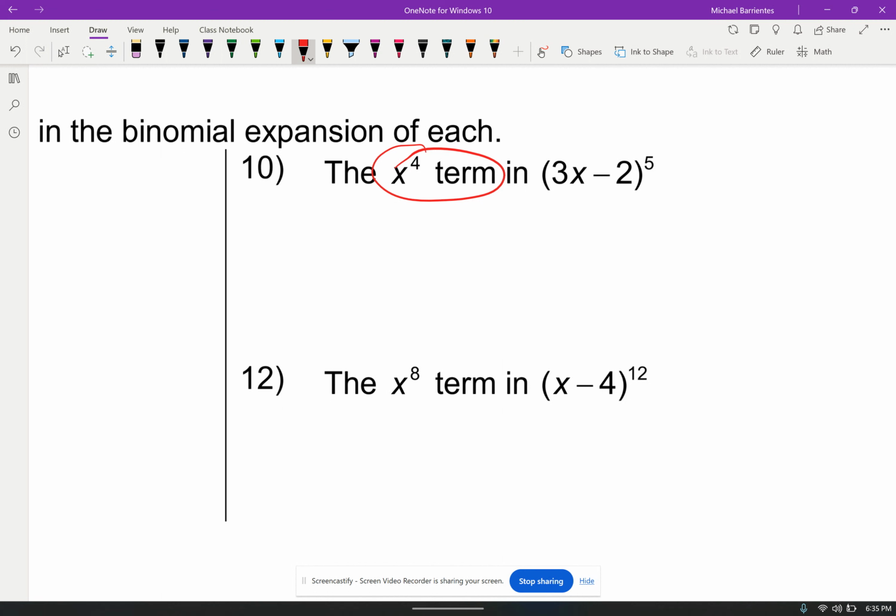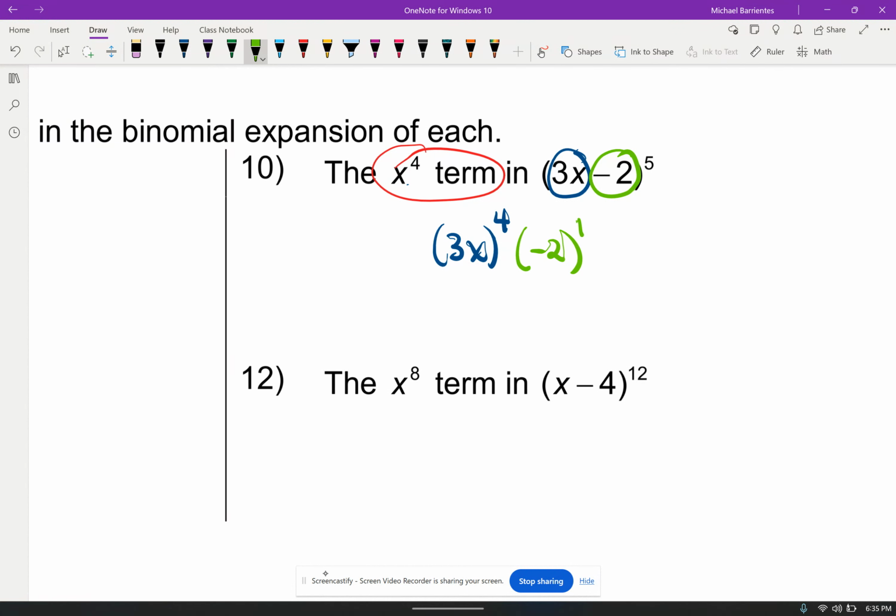Well, in order to have x to the fourth, that means this has to be to the fourth because that's where the x is. And if I take it to the fourth, that'll be x to the fourth. Now, it's also going to be 3x to the fourth. So eventually, I'll have to do 3 to the fourth power, but x to the fourth because that's what I want. And then the second part, remember what we said?